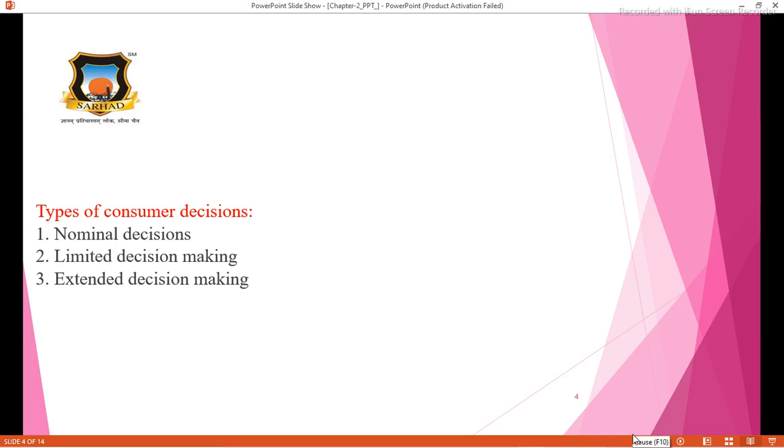Hence, we can say in nominal decisions, there is no more involvement. In the limited decision making process, the product is a mid-cost product, whereas nominal decision products are frequently used and there is not much involvement.